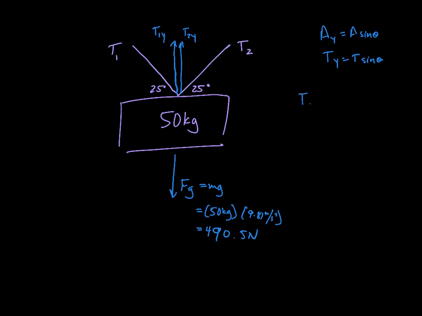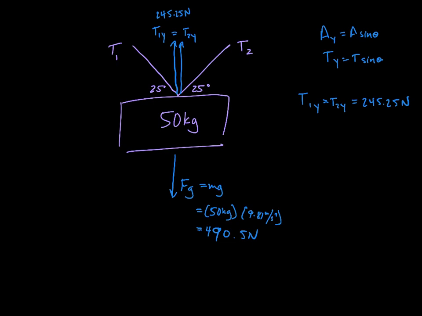So T1y is the same as T2y, and they share each half of it, okay? So 490.5 divided by 2, you get 245.25 newtons. Okay, so each of these is carrying 245.25 newtons. That's your Ty.